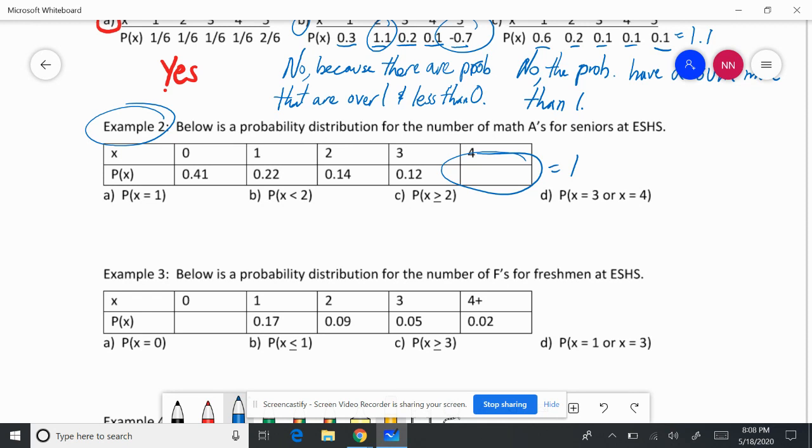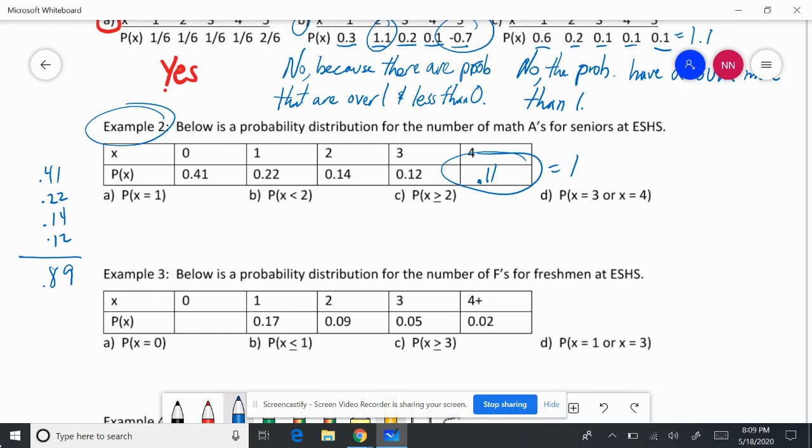When we add them all up, we come up with a sum of 0.89. So that means that in our table is 0.11 because all the probabilities add up to 1.